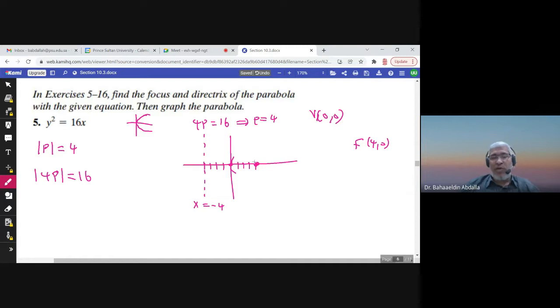So I go 8 units up and 8 units down. And the parabola will pass by these 2 points, and these 2 points are the endpoints of the latus rectum. And this is the graph of the parabola.